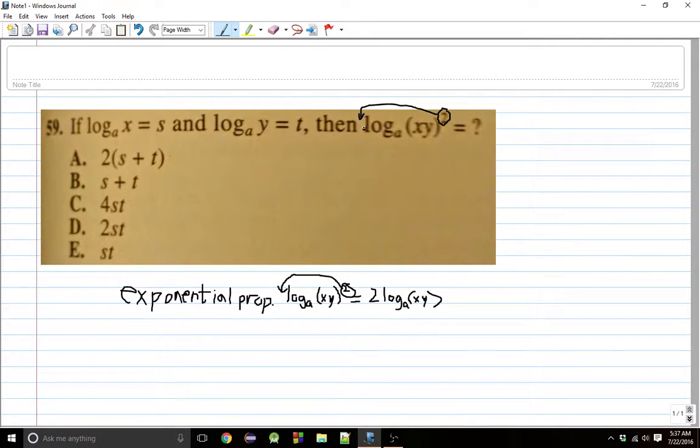Okay, and now we're going to approach our product property of logarithms. Our product property, I'm just going to abbreviate it.